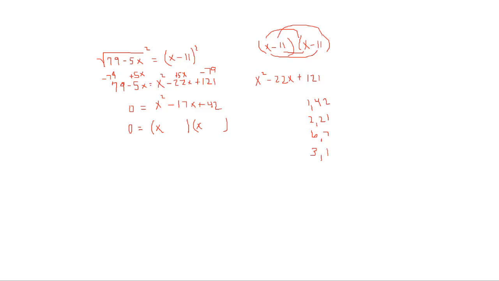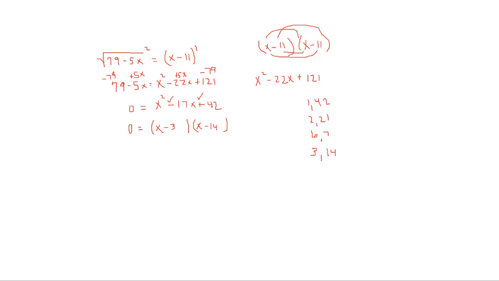Because 3 times 14 gives me 42. And I can get a 17 using a 14 and a 3. This plus here says the signs are going to be the same. This sign says both negative. So I'll have a negative here and here. And I have a 3. And I have a 14 here.